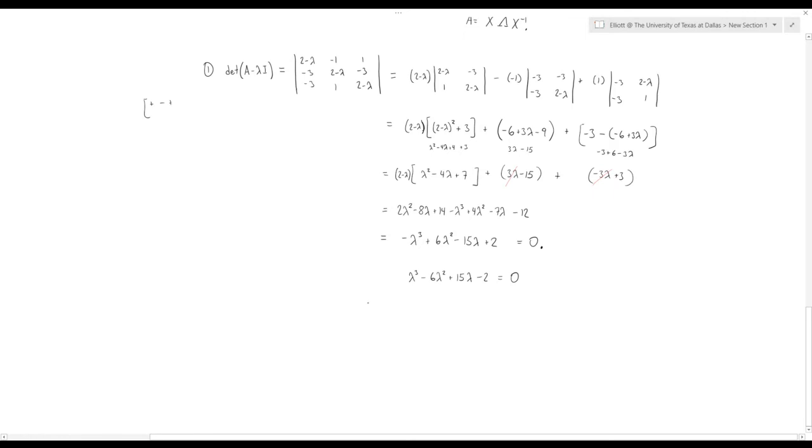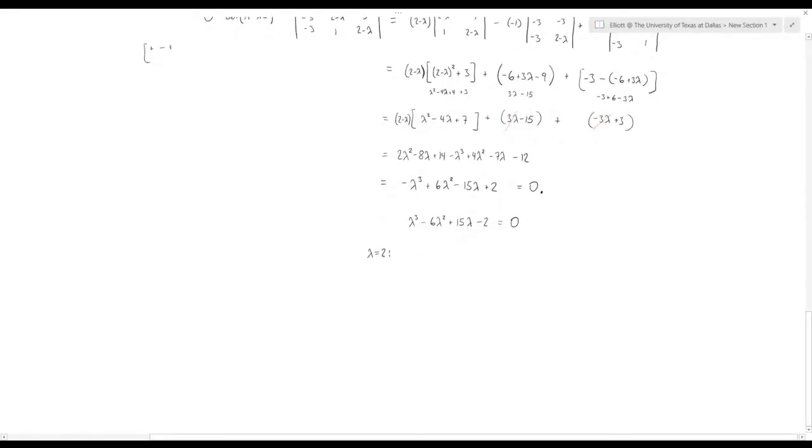I'm not too sure if it works out super nicely. When I get to a situation like this and I don't really see how to factor it, what I tend to do is start guessing a few possible roots.